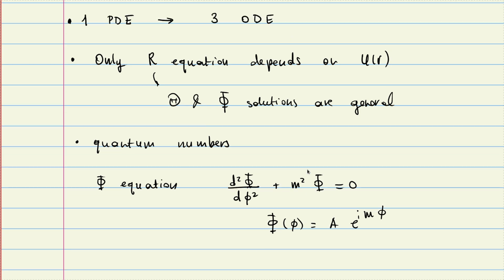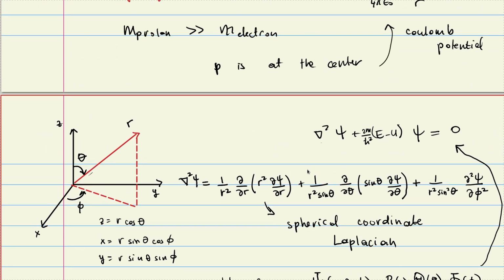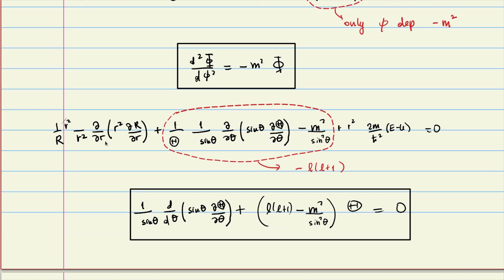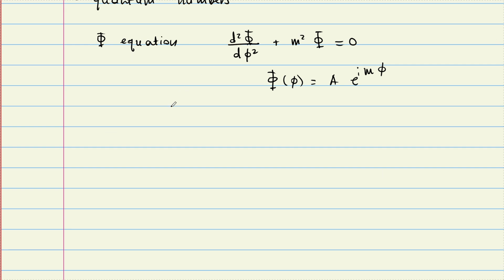And if you go back to the geometry, right? So here is the phi. Wherever you are in the r, theta, and phi space, if you just do one full rotation and come back, you should be exactly at the same point. And that means phi of phi should be equal to phi of phi plus 2 pi.